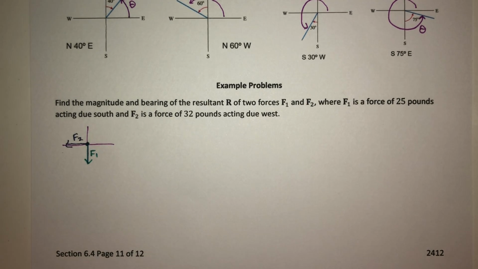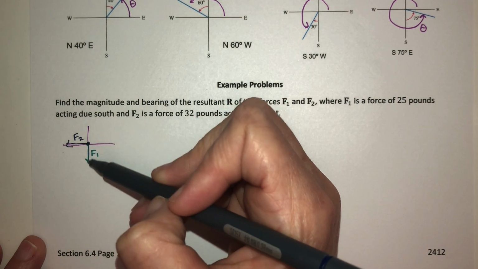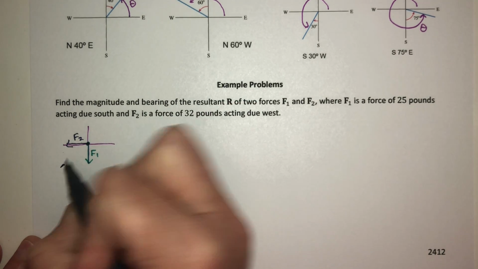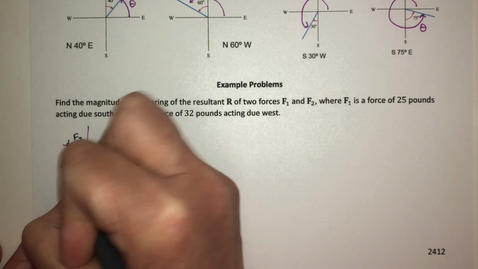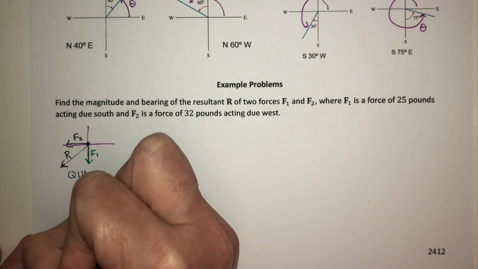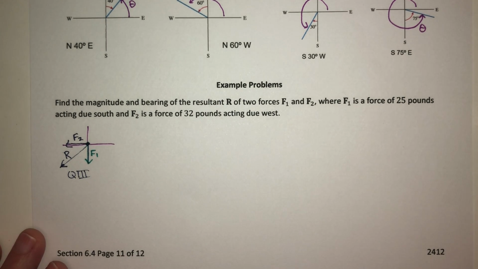Okay? So if I imagine adding these together, so if I move this to the terminal point here, I'm going to end up over here somewhere. And this is going to be my resultant, which is in quadrant 3. So I need to keep that in mind.